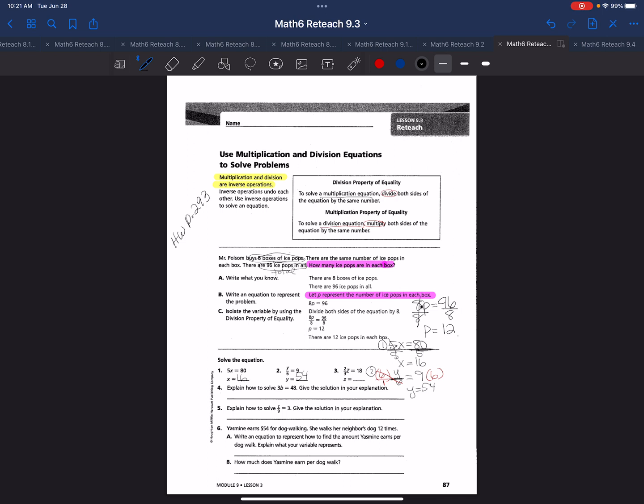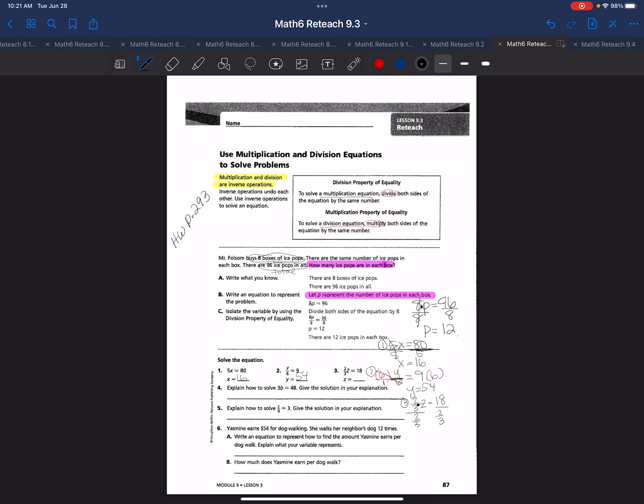Example 2 takes a little bit longer for your brain to recognize it, but once you get it, it's pretty easy. Question 3. 2/3 z equals 18. So this is saying 2/3 times z. So the opposite of multiplication is division. So I need to divide both sides by 2/3.